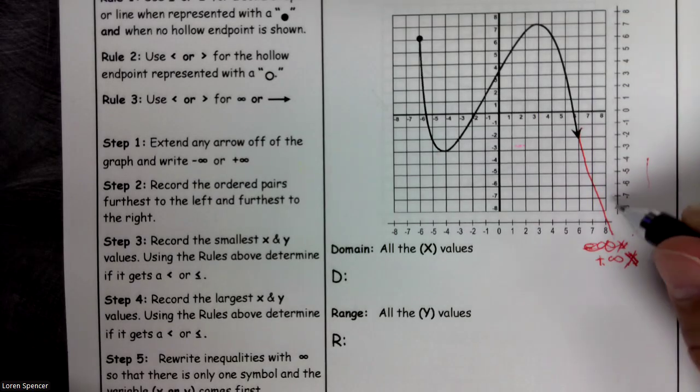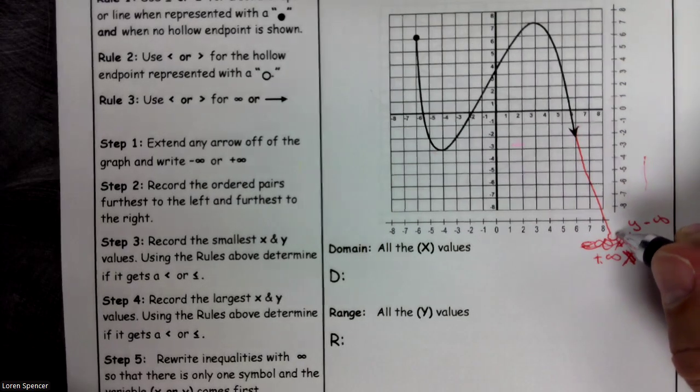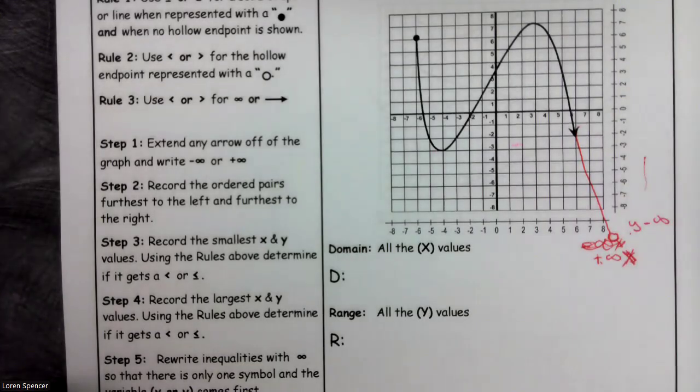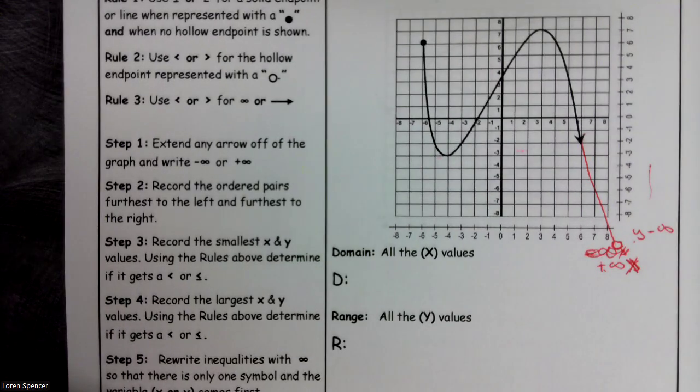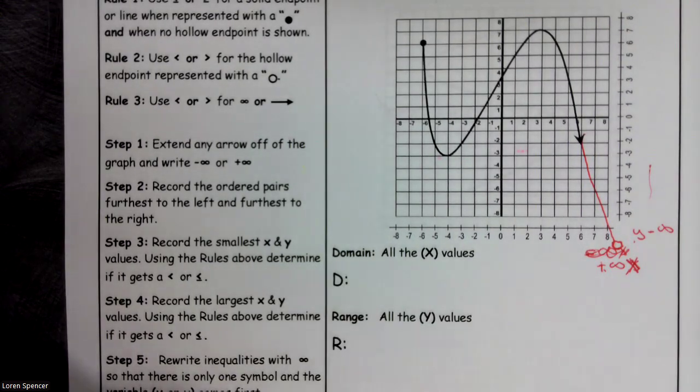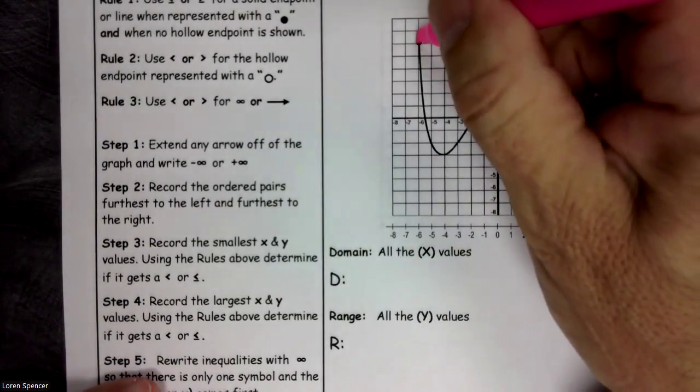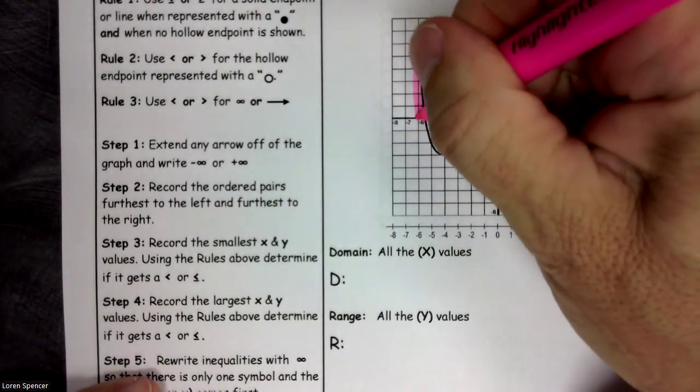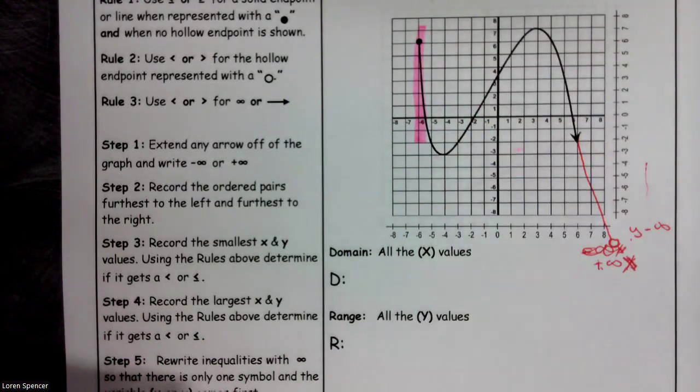And by the way, an arrow is the same as having a hollow. So the domain: we're going to start off with furthest to the left. Furthest to the left is right here, and that goes to -6.